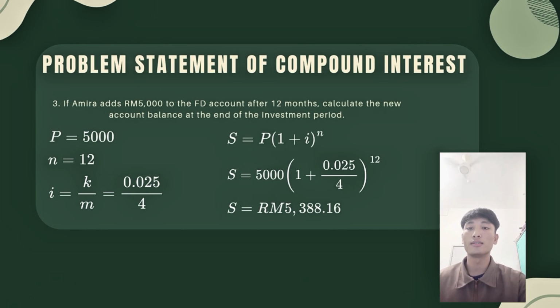So the formula is S equal to P multiply open bracket 1 plus i close the bracket power by n. So P will be 5,000 multiplied with open bracket 1 plus i, which is 0.025 divided by 4. Then close the bracket, power by 12. So the answer that we will get is 5,388 ringgit and 60 cents.